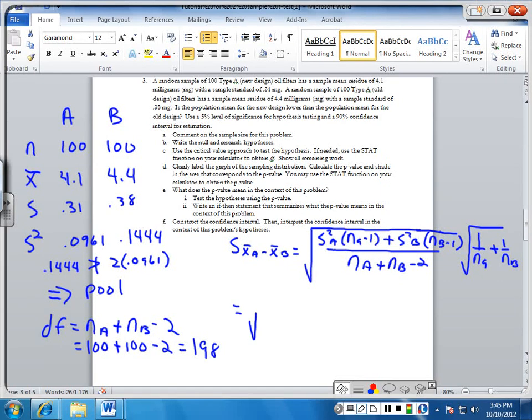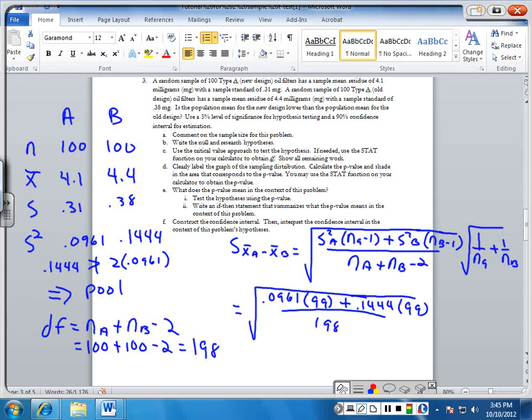So in this problem, that'll be the square root of 0.0961 times 99 plus 0.1444 times 99. All of that divided by 198.